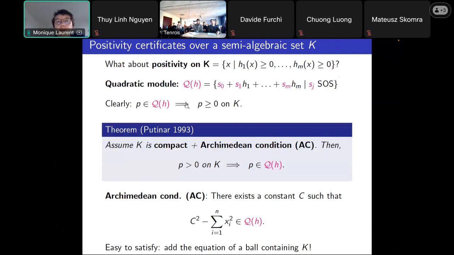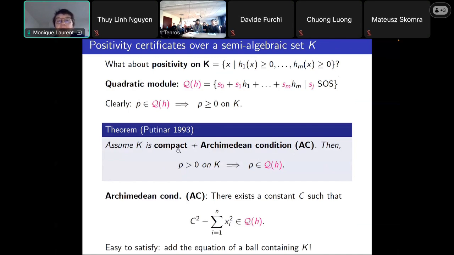And then you may wonder whether this is an equivalence. And this is almost an equivalence. So here is one of the results. This result is due to Putinar. It goes also under the name of the positive Stellensatz, which claims the following. Assume our set K is compact, and the so-called Archimedean condition holds, which I discuss after that.